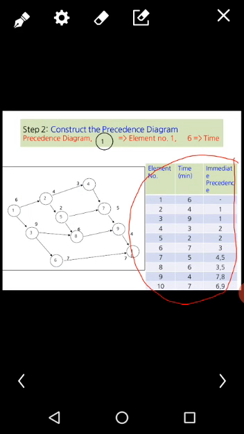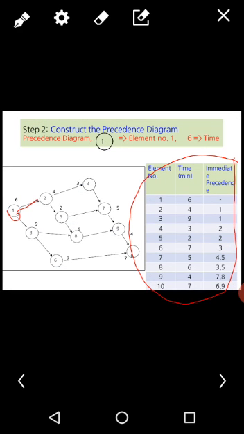Now going to element number 2, we have a precedence of 1. So from element 1 to element 2 we need to draw. Look here, from element 1 its successor is 2. Got it? Right. Now coming to element number 3, its precedence is 1.